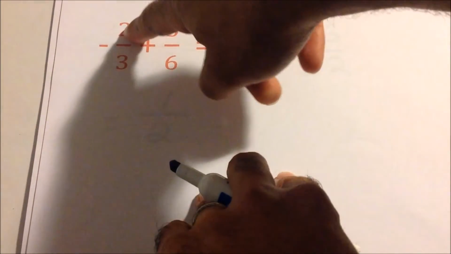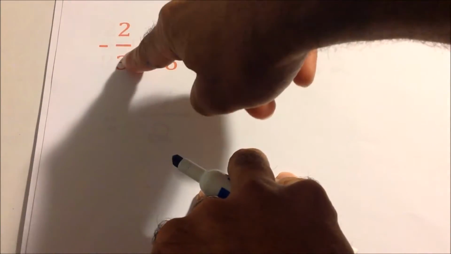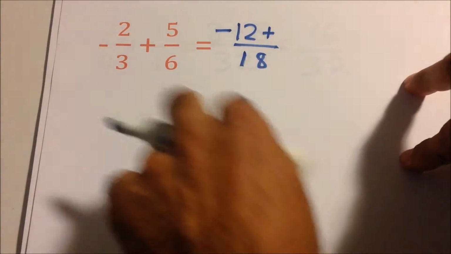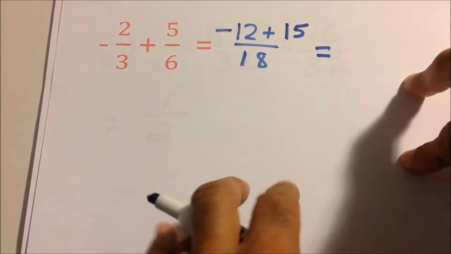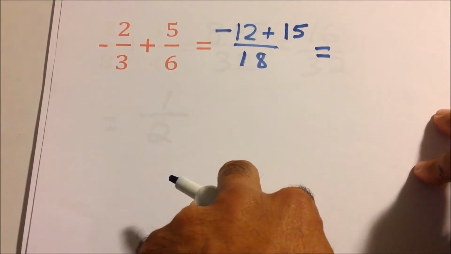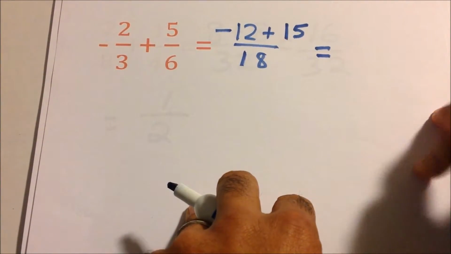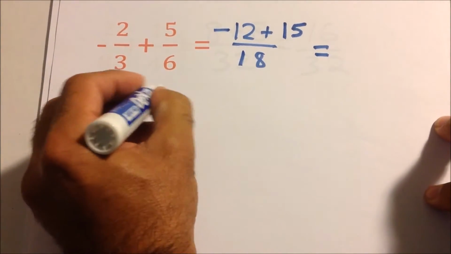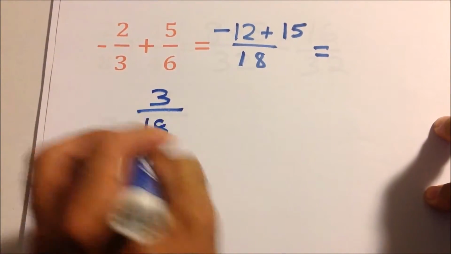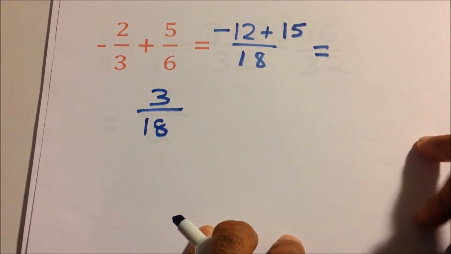Don't forget that, because if it's negative, then they're all negative. And 3 times 5 is 15. So what do you think we have now? You owe 15, you owe $12, but you have 15. So you're left with $3. So it'll be 3/18, which you can simplify.